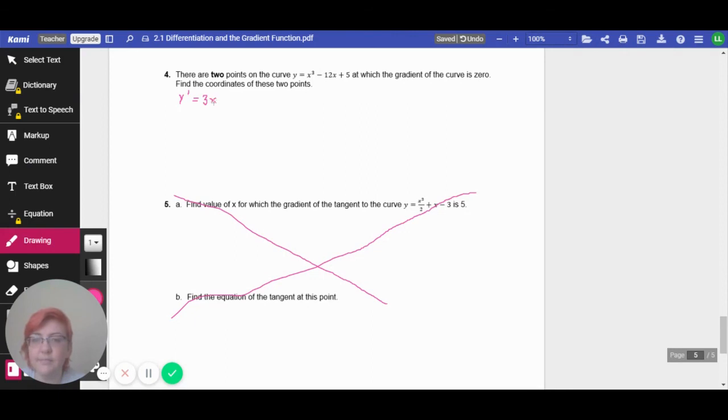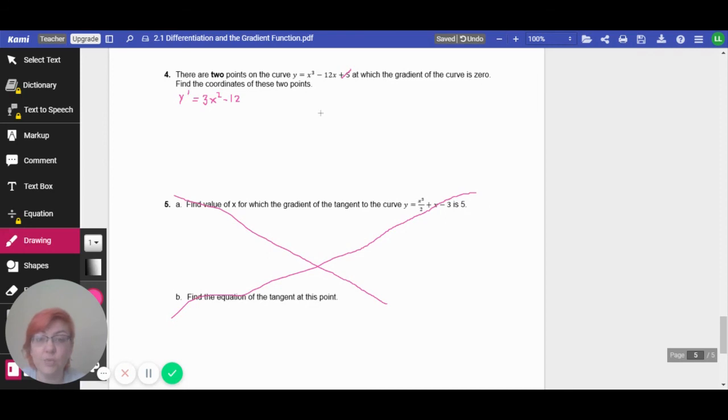X to the n minus 1. 3 minus 1 is 2. Here my n is 1, and my a is negative 12. 1 times negative 12 is negative 12. Alrighty. And then x to the 1 minus 1 is x to the 0, which is 1. So that just stays negative 12. And then my constant I know will be 0, so it goes away.